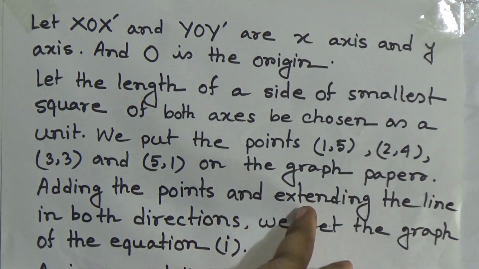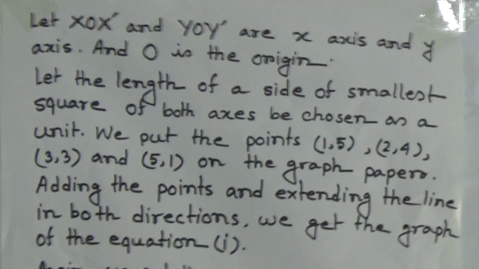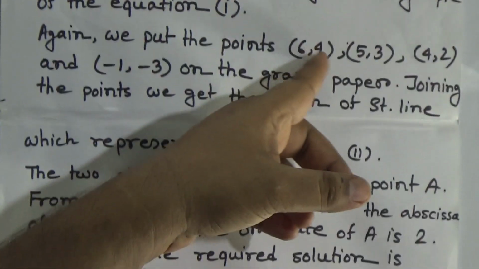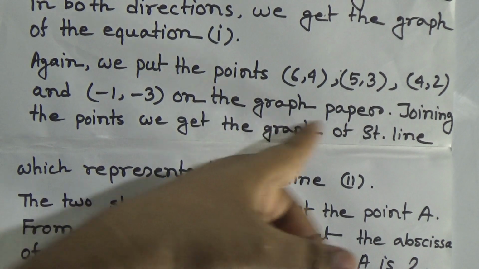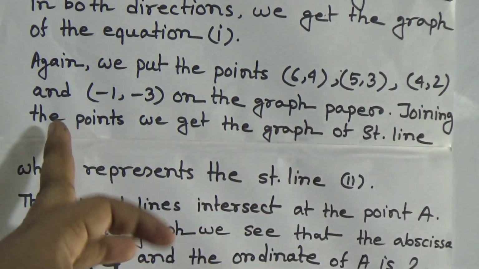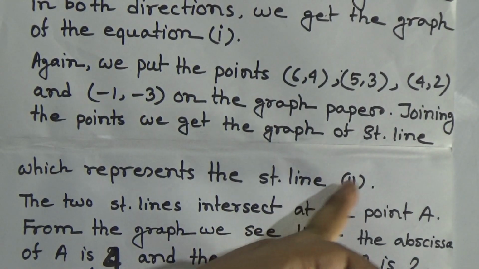Adding these points and extending the line in both directions, we get the graph of equation number 1. In a similar way, we put the points 6, 4, 5, 3, 4, 2, minus 1, minus 3 on the graph paper. Joining the points, we get the graph of equation number 2. Okay, which represents straight line 2.